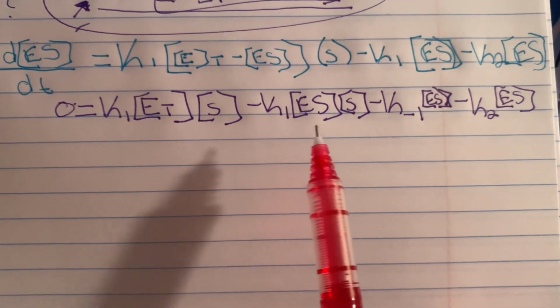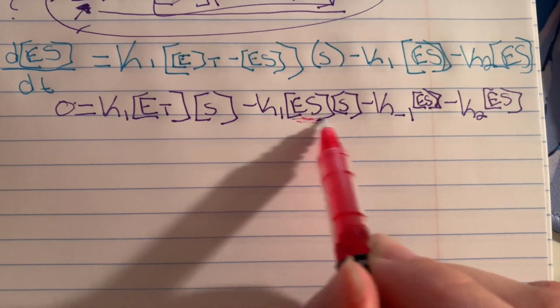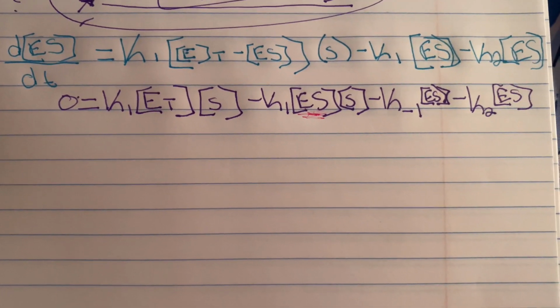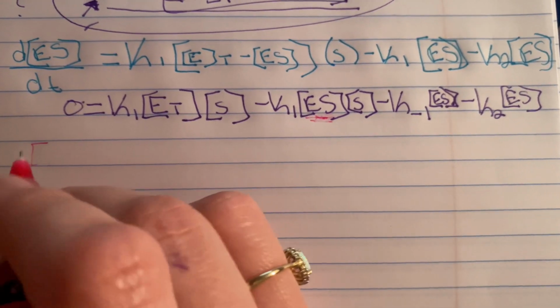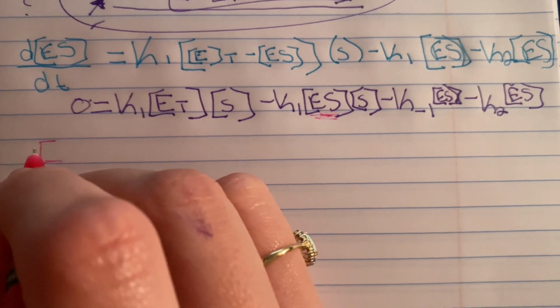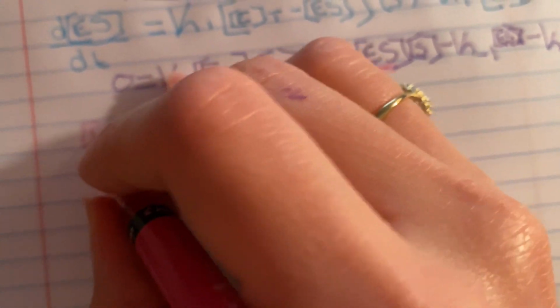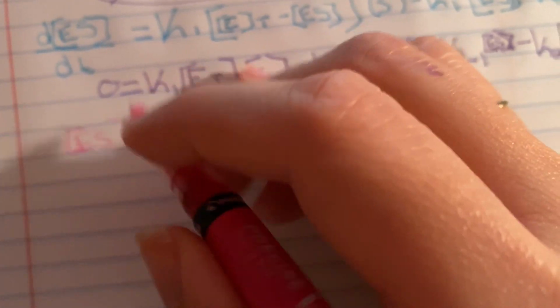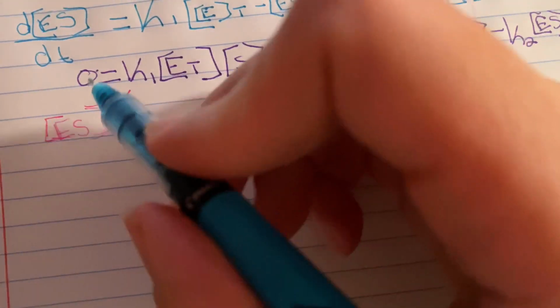Our goal is to find the value of ES, so we are going to solve for ES. Sorry, my pen is being weird. All right, so grab the blue one.